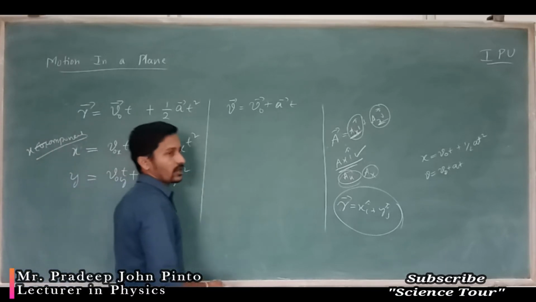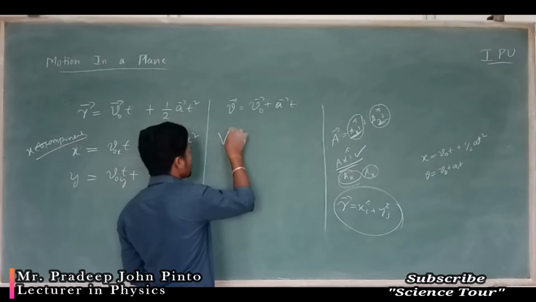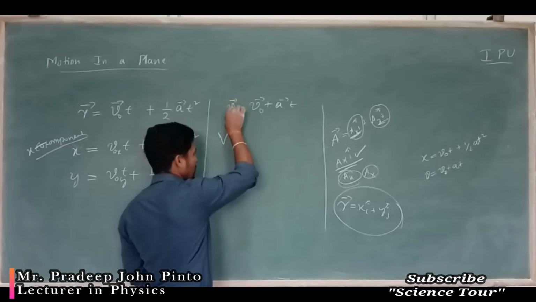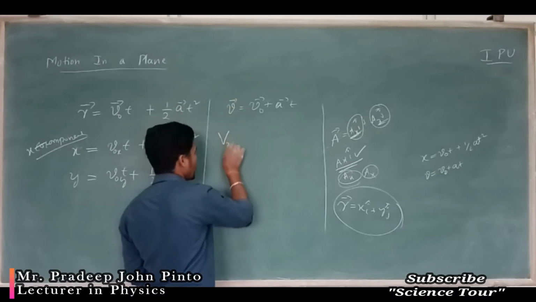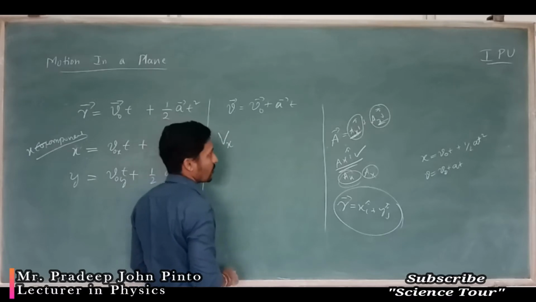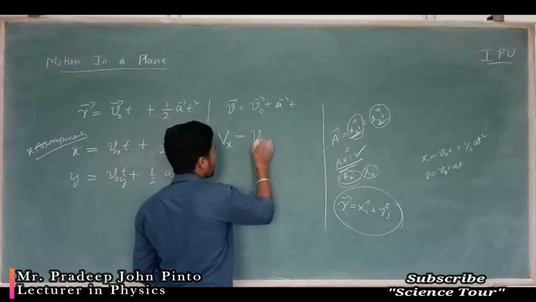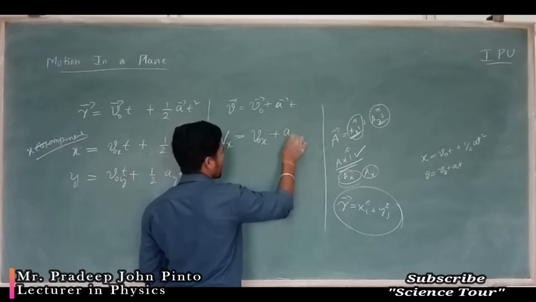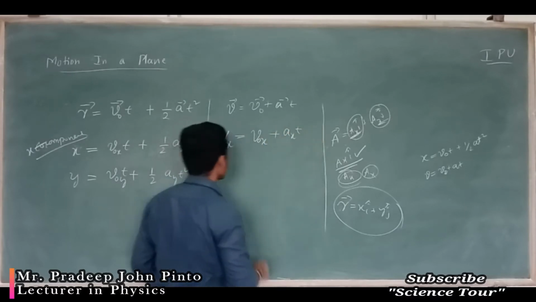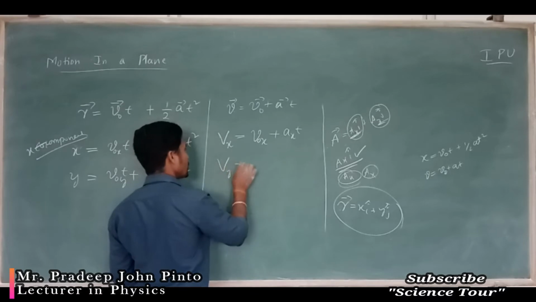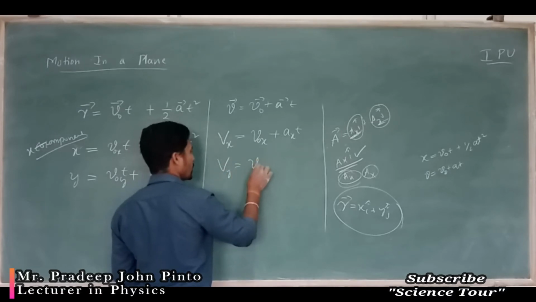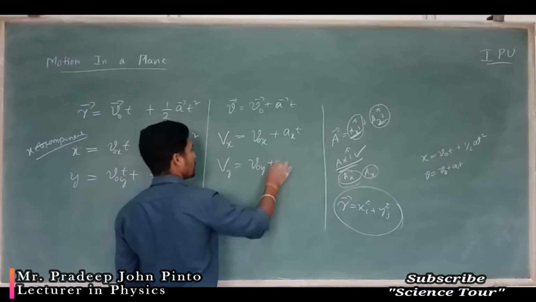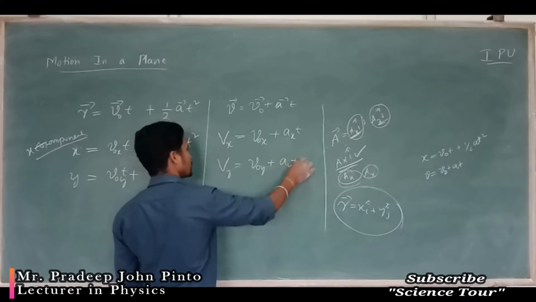So what about velocity here? Velocity has an x component and a y component. So the x component of final velocity is equal to the initial velocity x component plus ax into t. The y component you can write as v naught y plus ay into t.